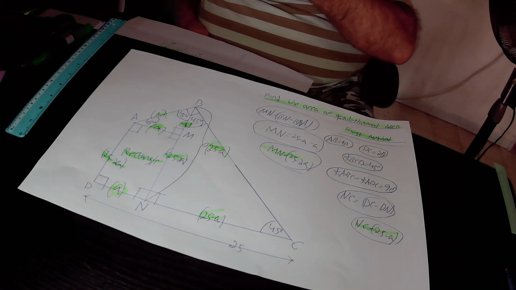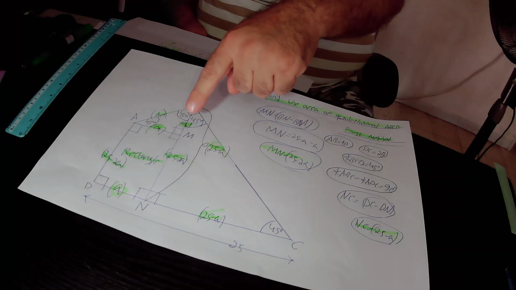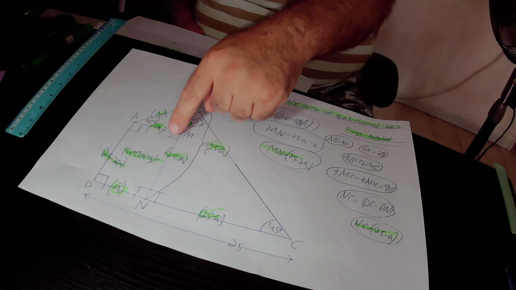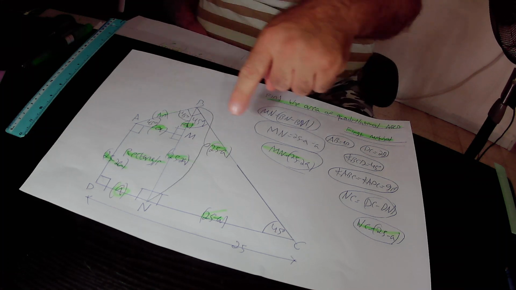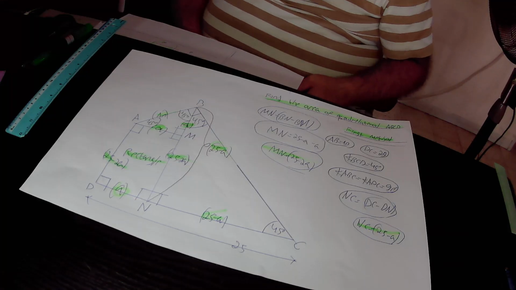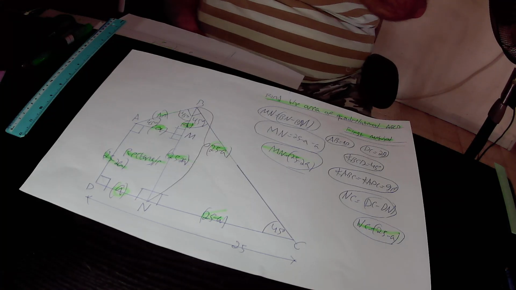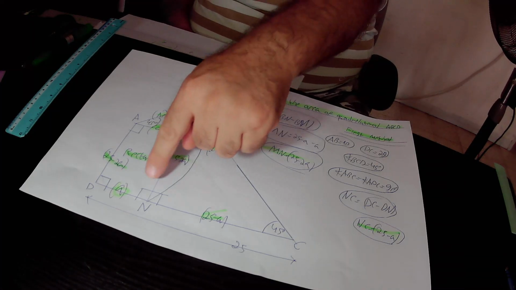In the next step, we did another construction, that is to say from point A, we draw a perpendicular on BN. So this angle equals 90 degrees, and this angle also equals 90 degrees according to our construction. We define the touching point of the perpendicular from point A and BN, and this point is point M. By doing this construction, we get quadrilateral AMND. In quadrilateral AMND, we have 3 angles.